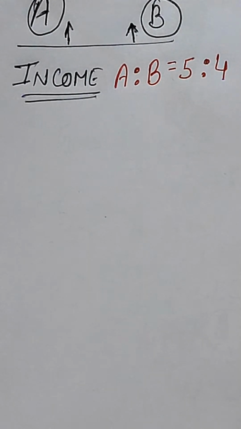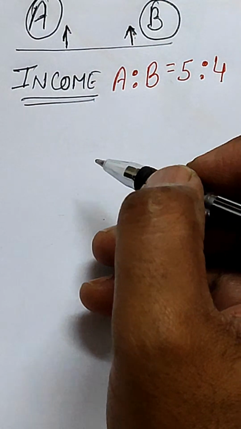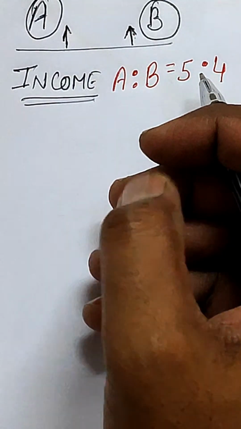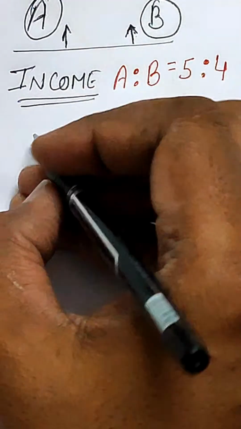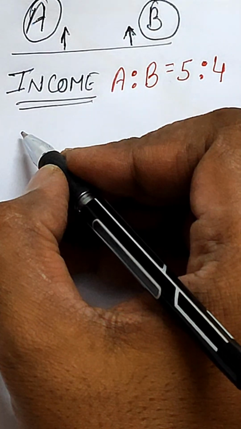Now it's also given that when we come to expenses, that means whatever they are spending. When anybody is earning some money, then they are spending on their daily needs, for their daily usage, they are buying things.